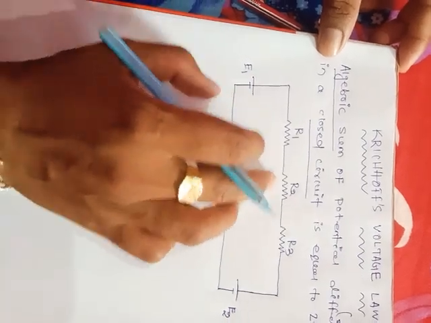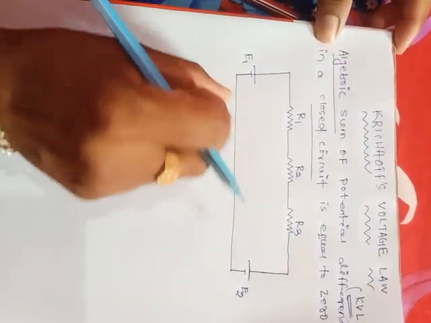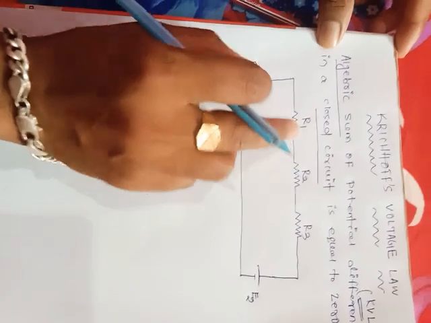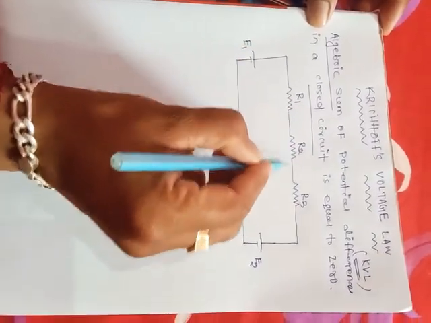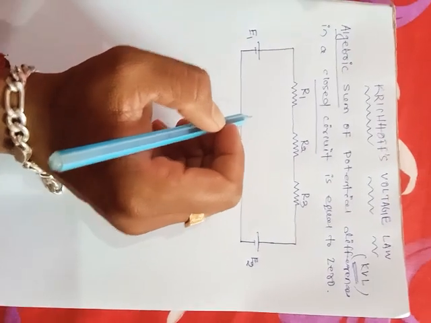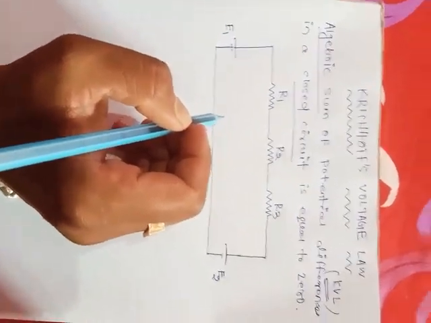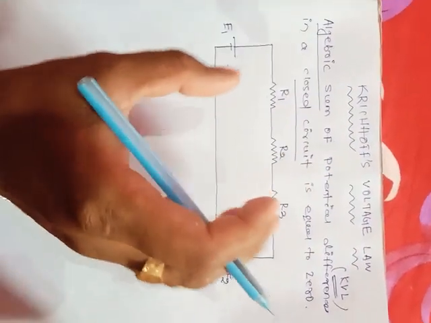Hence a current will flow. Because of this current, there is a voltage drop across the three connected resistances R1, R2 and R3. This is Kirchhoff's voltage law.